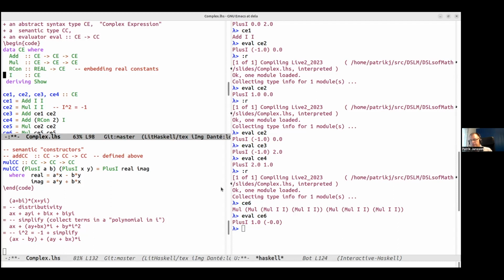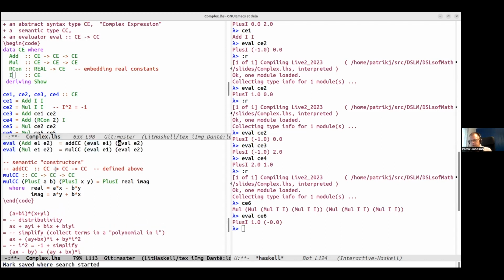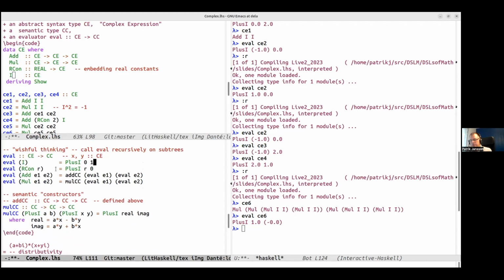You add syntactic constructors, and then you write an evaluator, which, using wishful thinking, recursively calls itself, implements addition, multiplication, and so on, and translates these syntax trees into, in this case, pairs of real numbers, which is the internal semantic representation of the complex numbers.